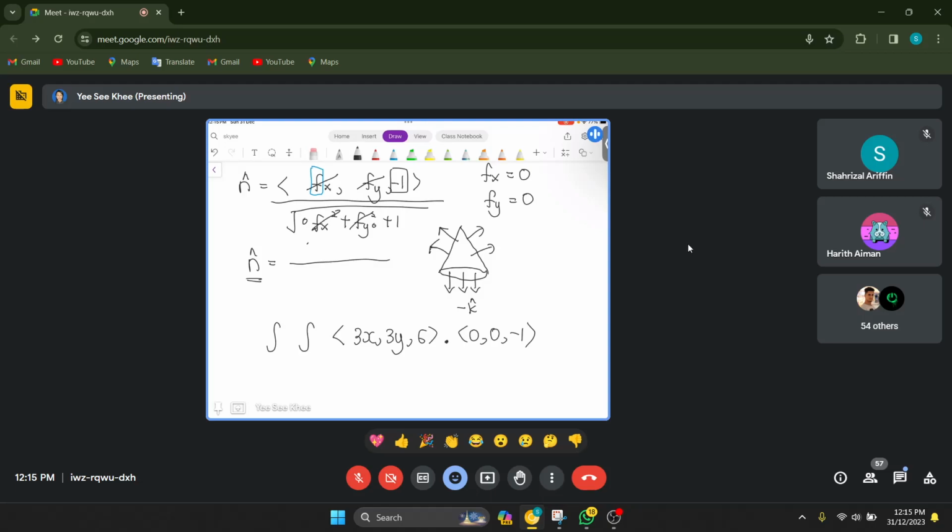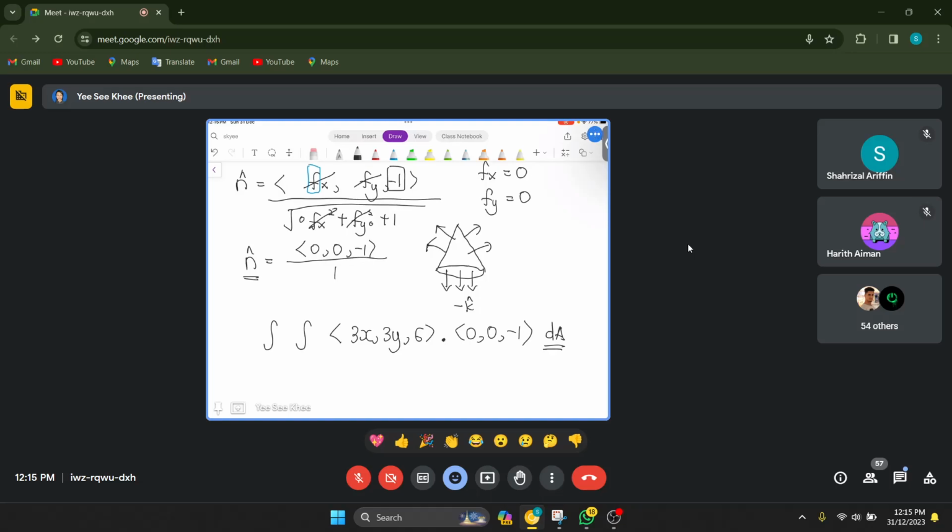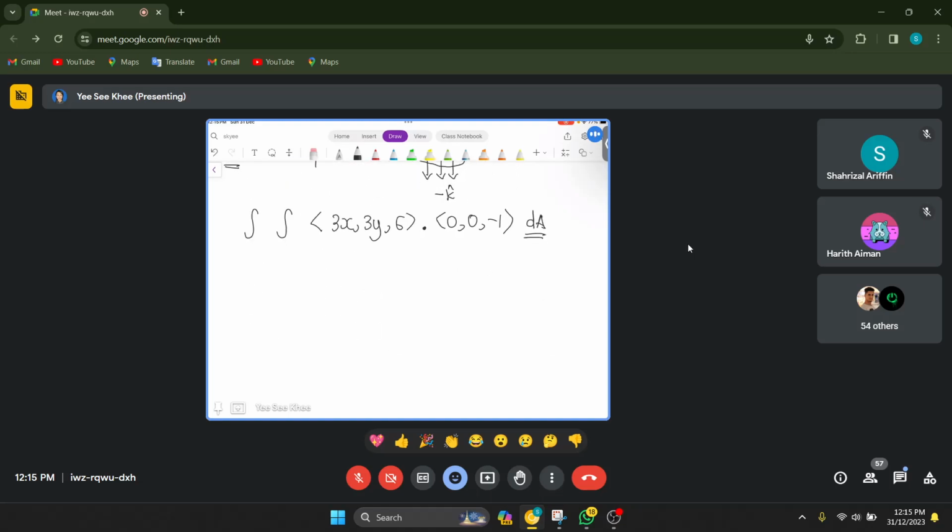Or maybe I should write it here: 0, 0, negative 1. It's the same. And dA. For this dA, we'll use polar coordinates, so use r dr d theta.